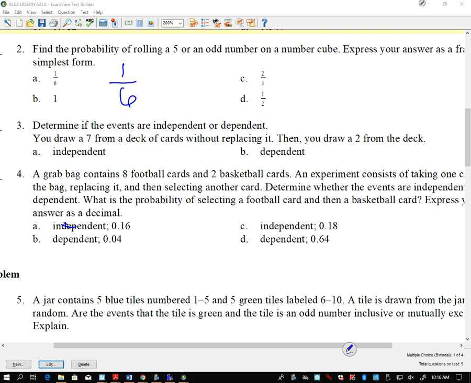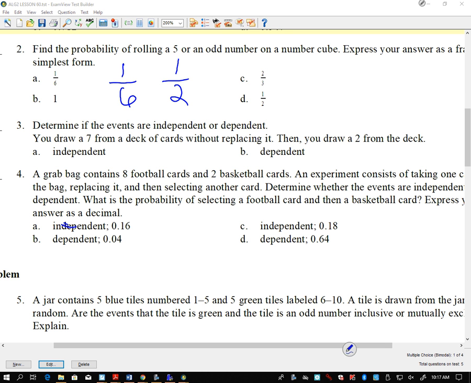What's the probability of rolling an odd? 1/2, right? Because it's 3/6, but we can reduce it to 1/2. What do I do with those two things? Am I multiplying them? Okay, so you're saying I'm going to get 1/12. Is that right? Do I see that as an option?